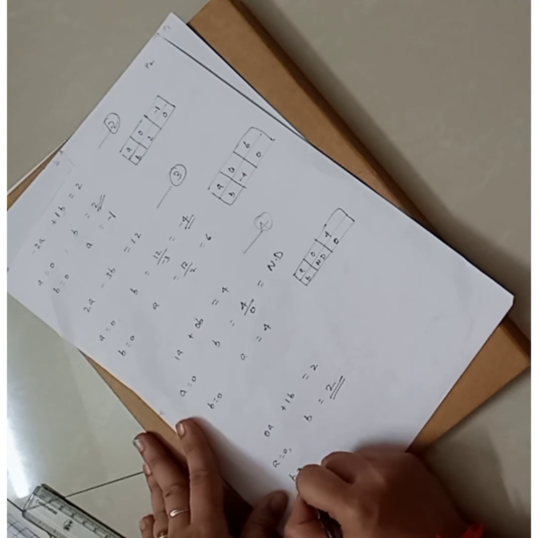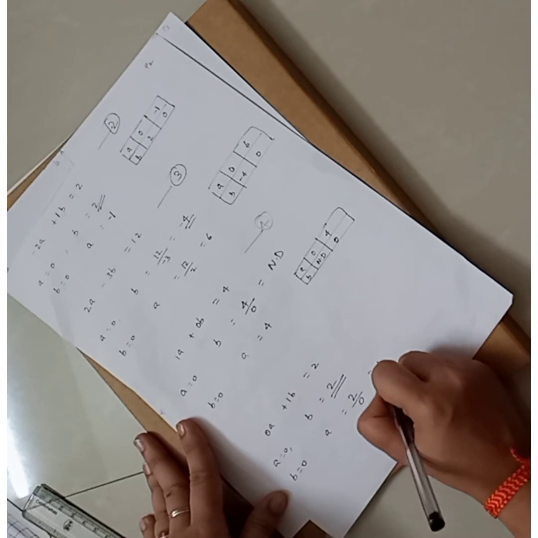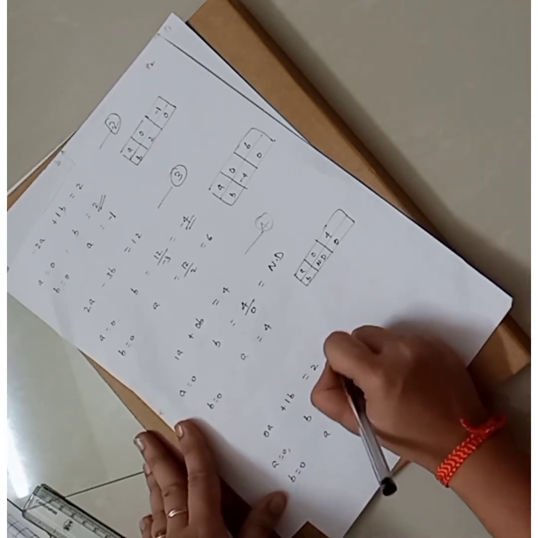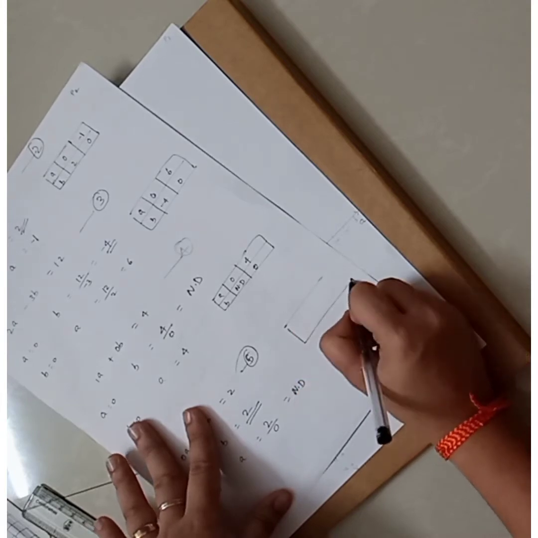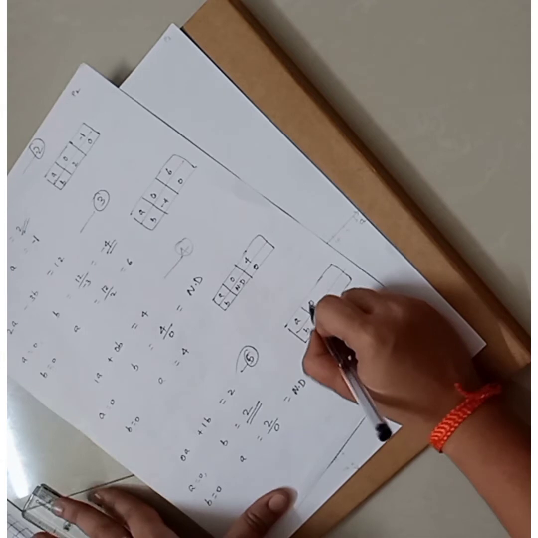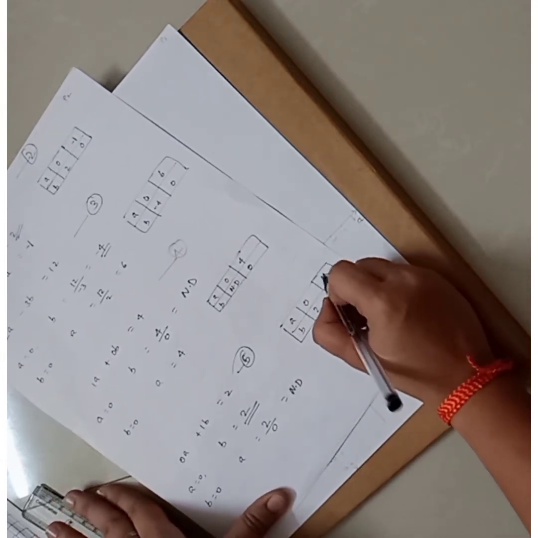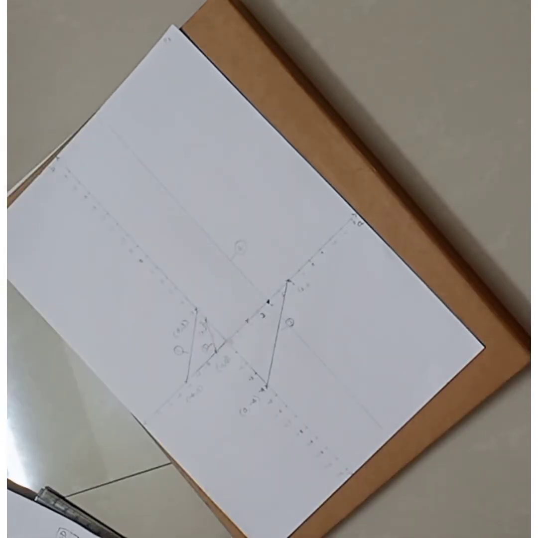But when b is equal to 0, a is equal to 2 divided by 0, which is again not defined. So again you have a similar case: when a is equal to 0, b is equal to 2, but when b is equal to 0, a is not defined.